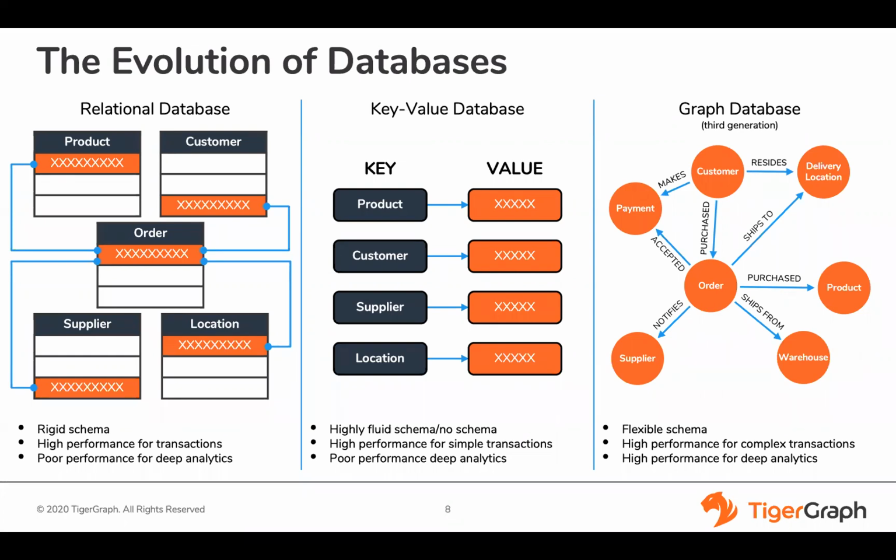NoSQL databases such as key value stores offer full flexibility to change schema as needed, and also allow horizontal scaling to clusters of machines very easily compared to relational databases. But they suffer from 2 major deficiencies. They weren't built for transactional performance, and it takes a long time for them to execute deep queries and analyses.